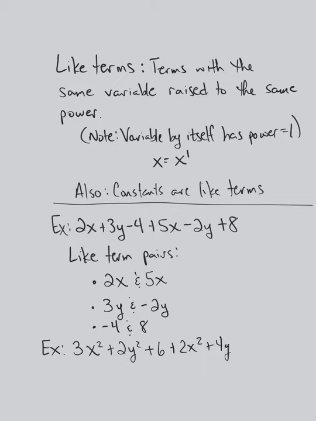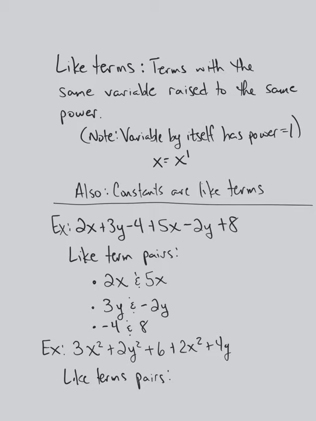So we look at this expression and we wonder if there's any like term pairs in it. You might want to stop and think about it, or at least why I'm writing this. And the thing is, with this expression right here, there's actually only one like term pair.